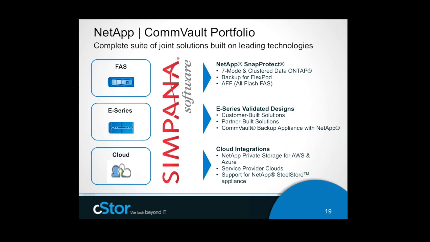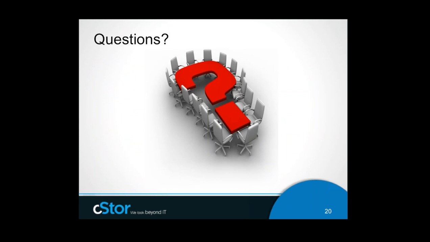And a quick mention: this presentation has been focused on the SnapProtect and the Intellisnap capabilities, but we're also doing a lot more between CommVault and NetApp. We're focusing on integrated data protection with SnapProtect, but also E-Series validated designs.